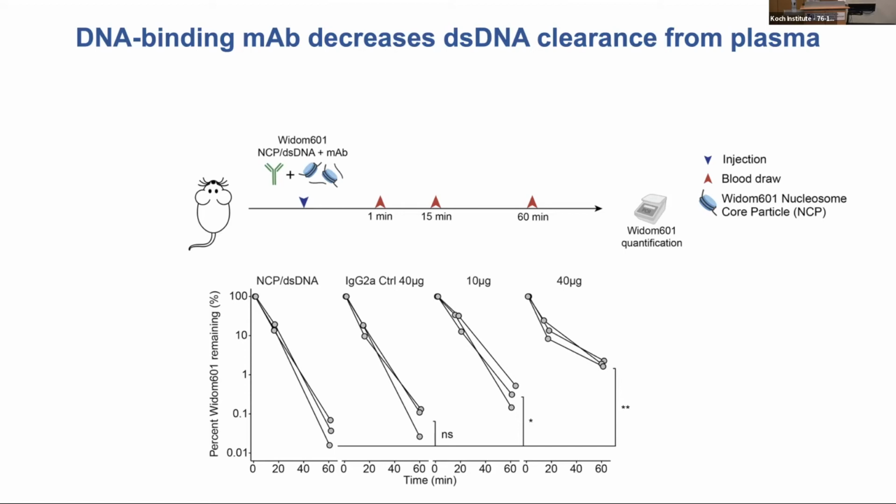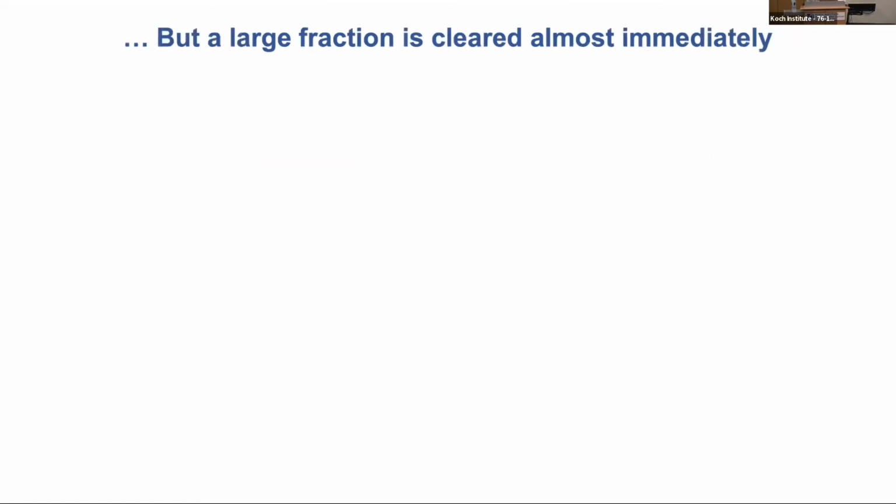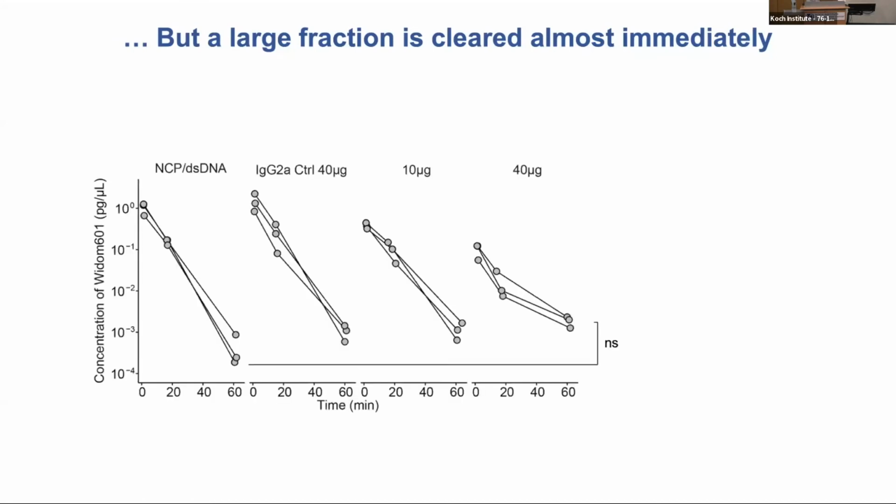So this got us excited, but the excitement was short-lived, because when we looked at the absolute quantity of WDM601, the exogenous double-stranded DNA, we saw no effect. There was no difference at 60 minutes. And you can already tell based on these plots where the problem may lie.